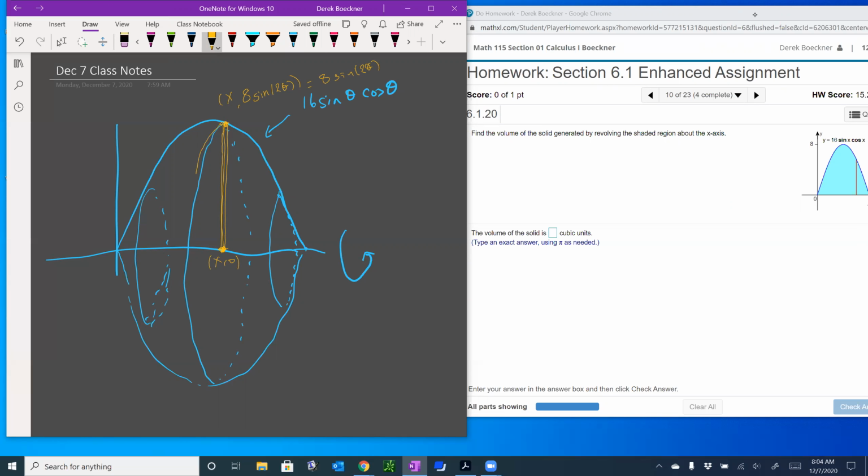And then how do I get the area or the volume of this cross-sectional piece? Well, if I take it out, that's a circle, and the radius here is equal to the change in the y values. So how far is it from the top of this to the bottom of this? Well, that's going to be 8 sine of 2 theta minus 0.